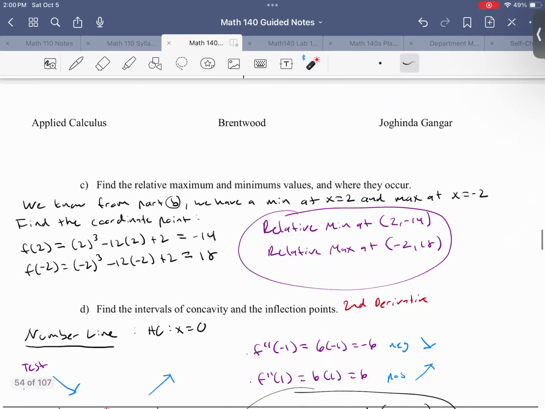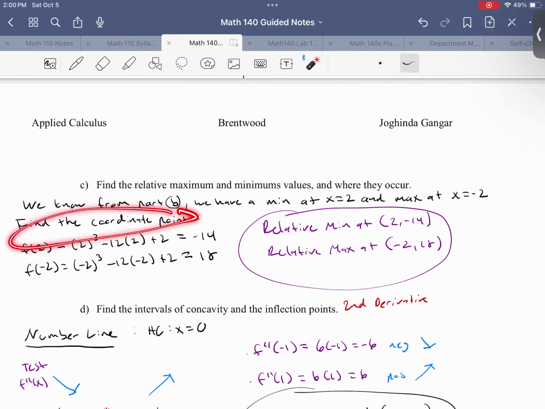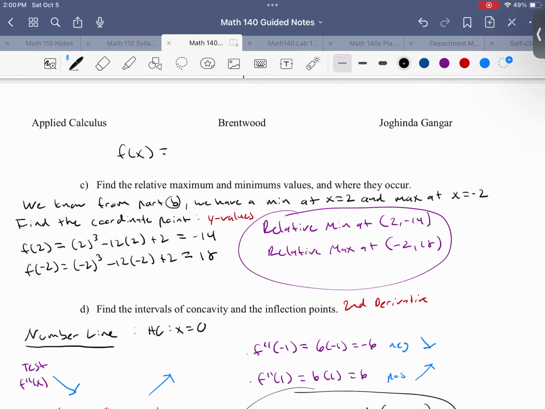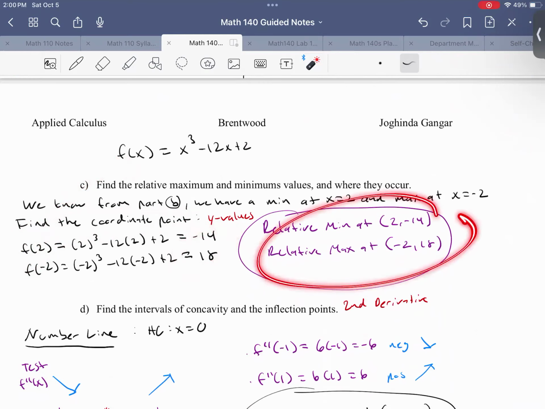So what we really need to do is just find the coordinate point, meaning we need to find the y values, right? So we just plug our critical values back into our original function, which was f of x equals x cubed minus 12x plus 2. We're just plugging our critical values into there and getting our y value. And then we have our coordinate points, our min and our max there.